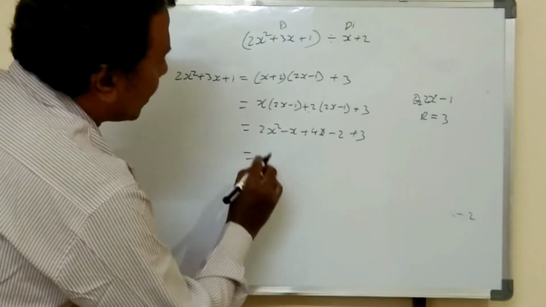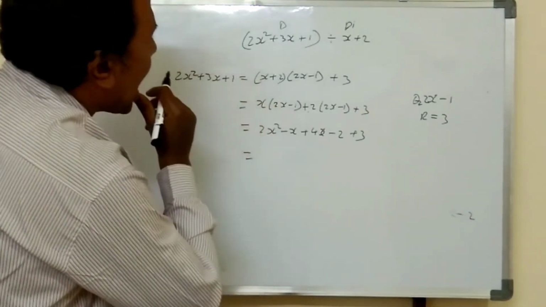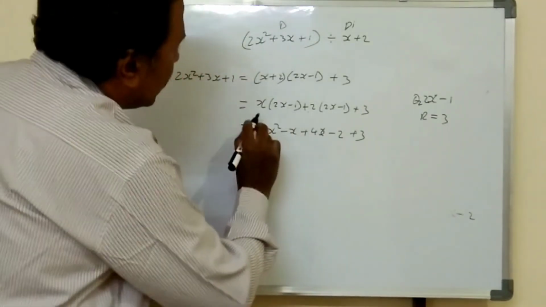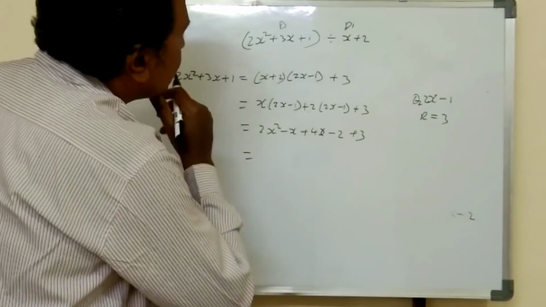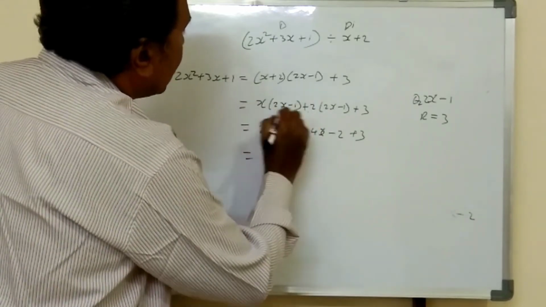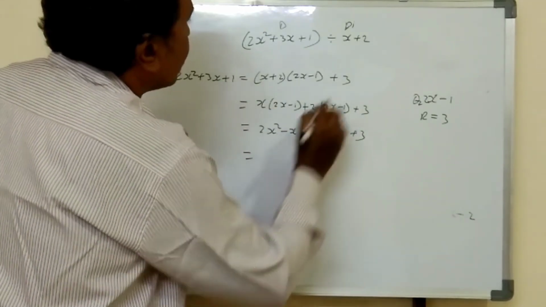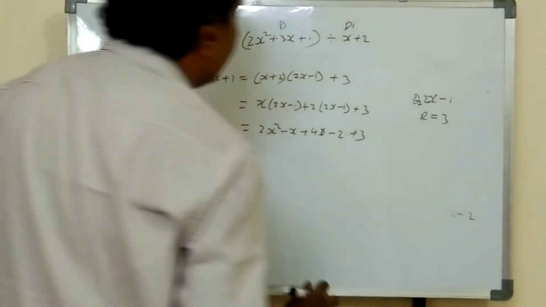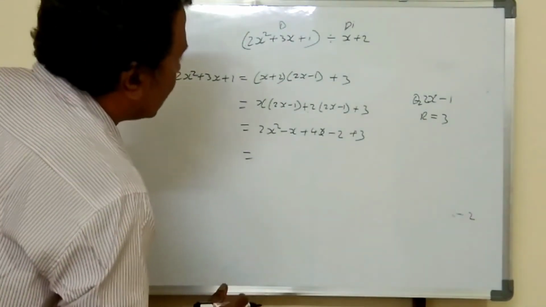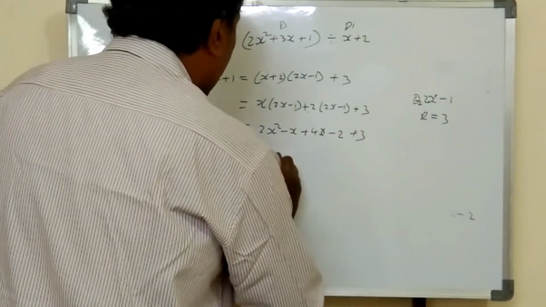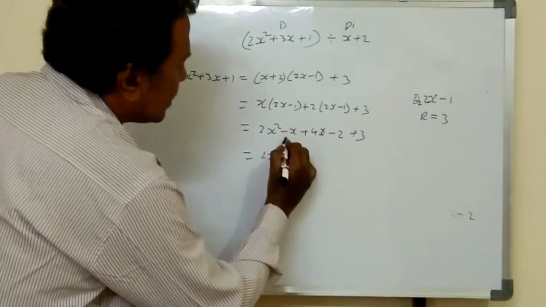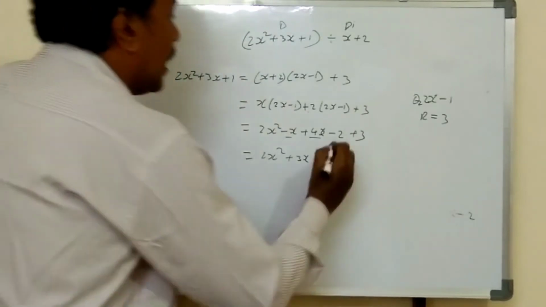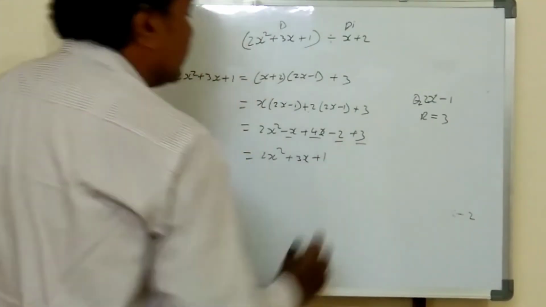So we get 2x square, minus x plus 4x is equal to plus 3x, and minus 2 plus 3 is equal to plus 1.